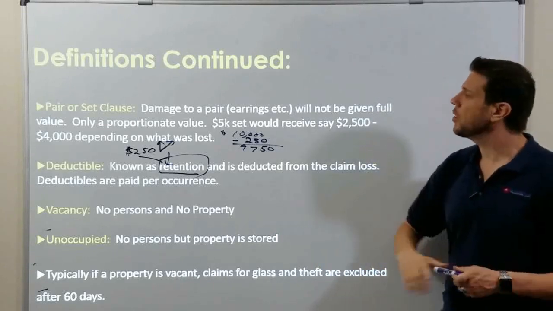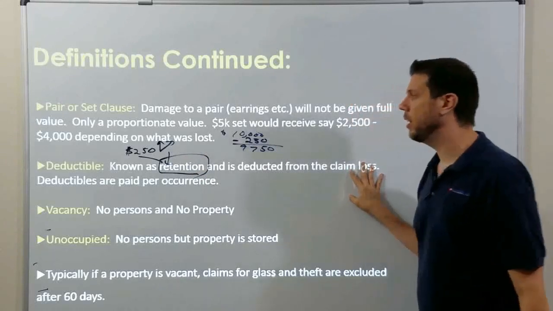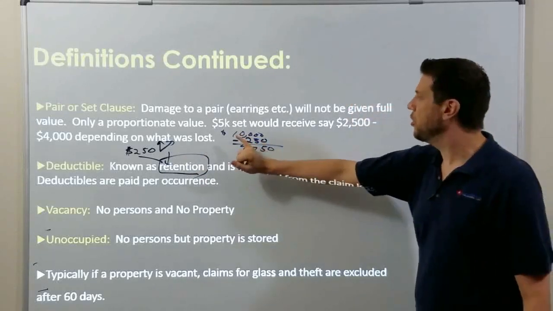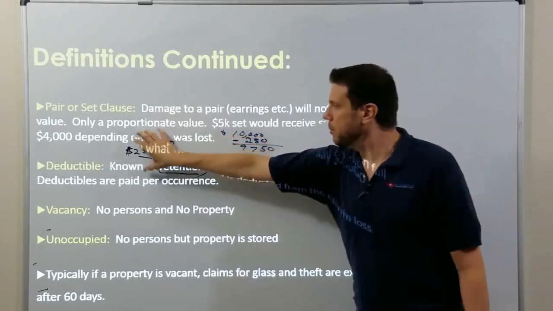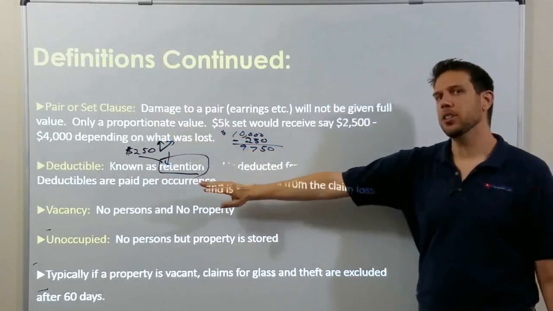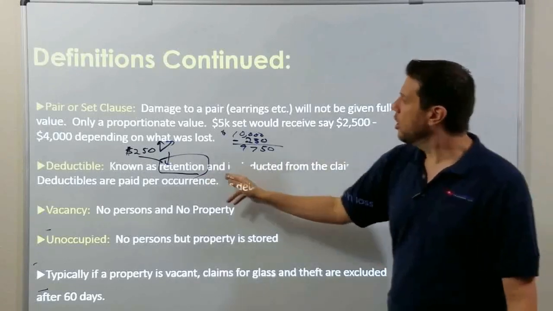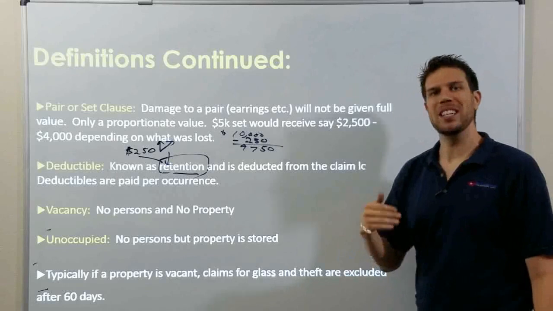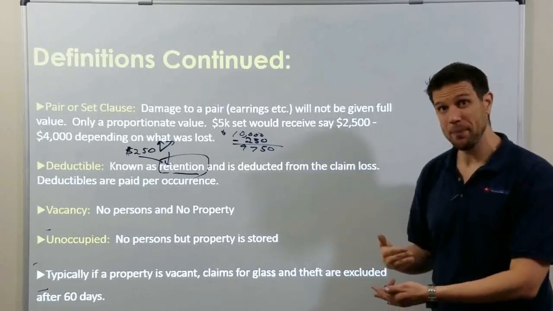So deductibles are amounts that the customer retains. Deductibles are deducted from a loss, meaning that you never get paid for your deductible. Deductibles affect your premiums, and deductibles are also met per occurrence. An occurrence a little bit later on will be something that is paid out over time or something that occurs over time.